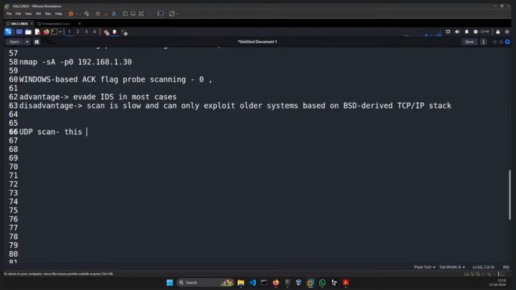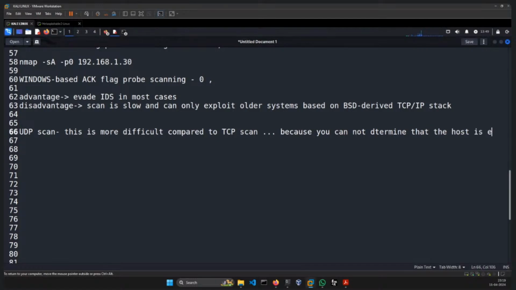So this is more difficult compared to a TCP scan because you cannot determine whether the host is alive, dead, or filtered.